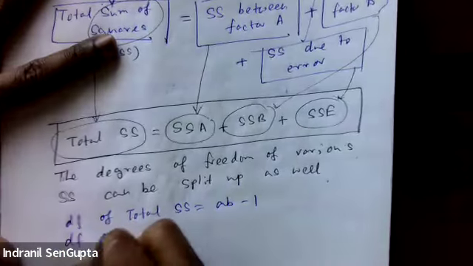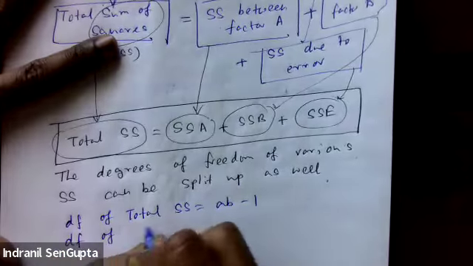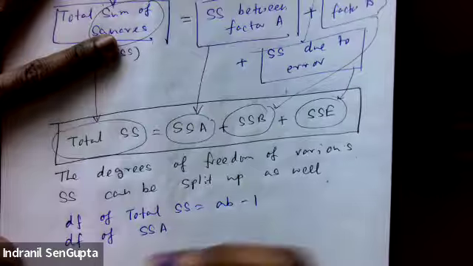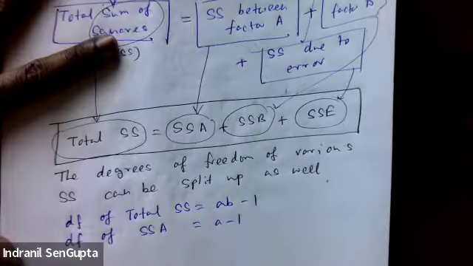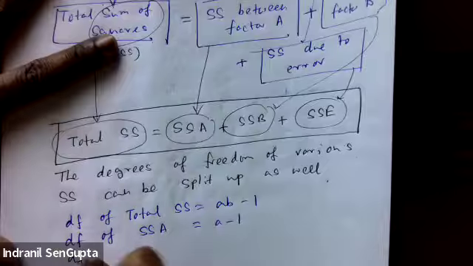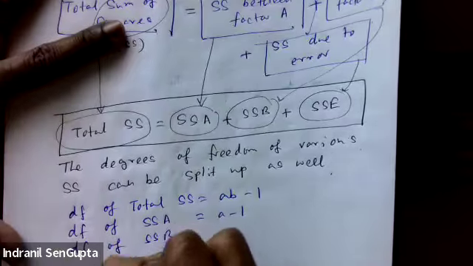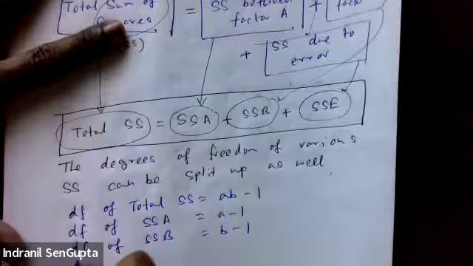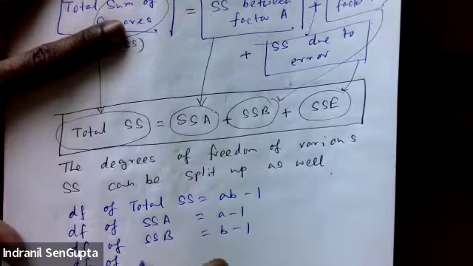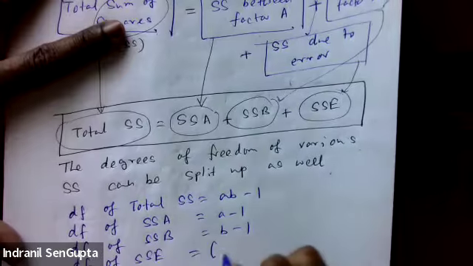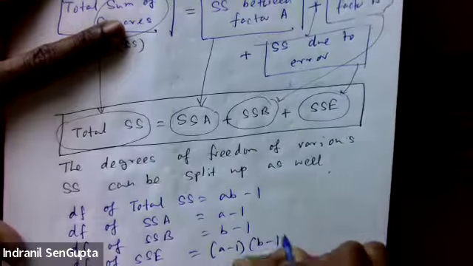Degrees of freedom of SSA is A minus 1. Degrees of freedom of SSB is B minus 1. And degrees of freedom of SSE is, in fact, A minus 1 times B minus 1.